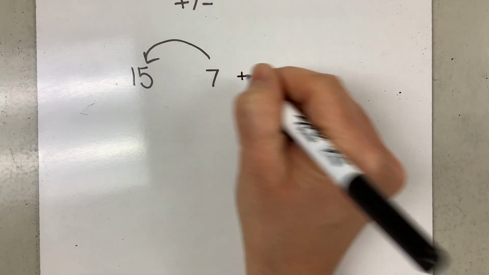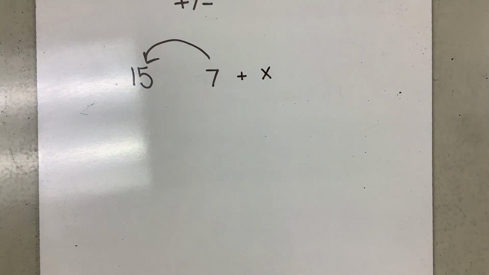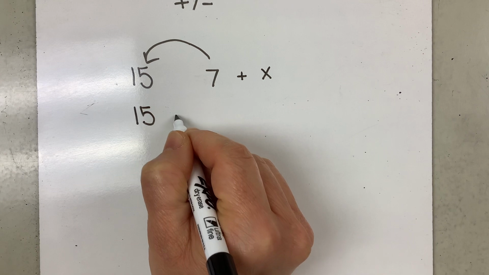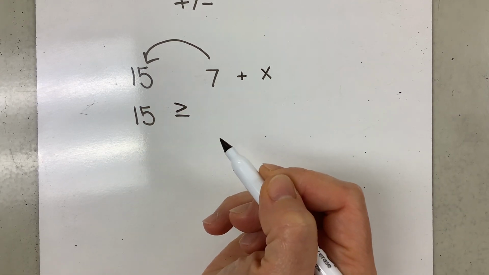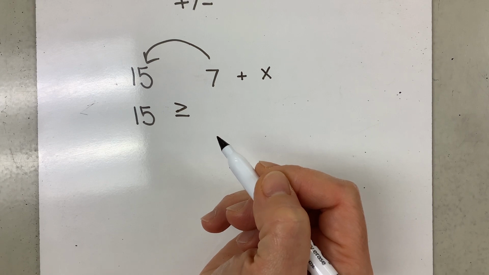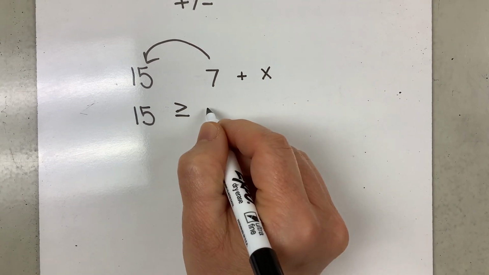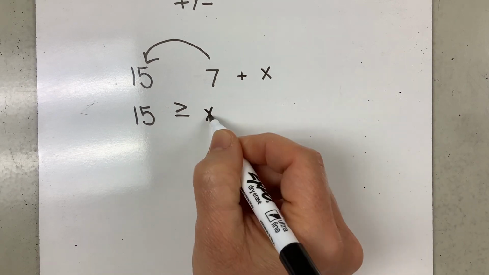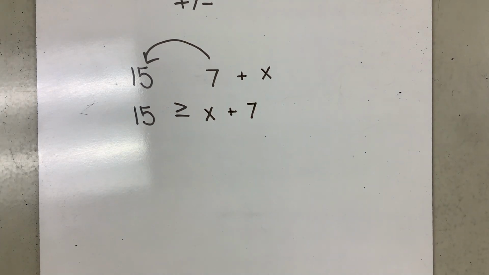So I want to know how many more kids can I add to go into my bounce house. So we know the bounce house can hold 15. Can it hold more than 15? Okay. And no, it has to hold less than. So we're going to put our X, the number of kids we can add, to the 7 that are already in there.